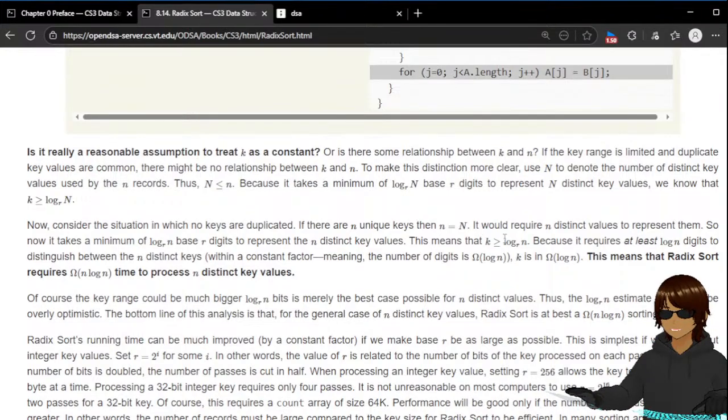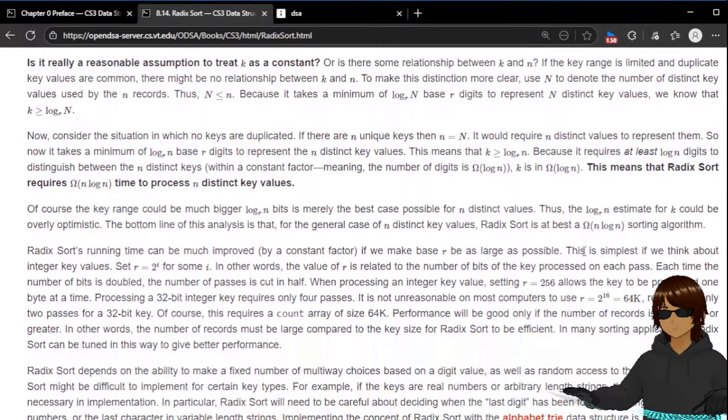This means that k is greater than or equal to log base R of n, because it requires at least log n digits to distinguish between n distinct keys, within a constant factor. K is in omega of log n. This means radix sort requires omega of n log n time to process n distinct key values.